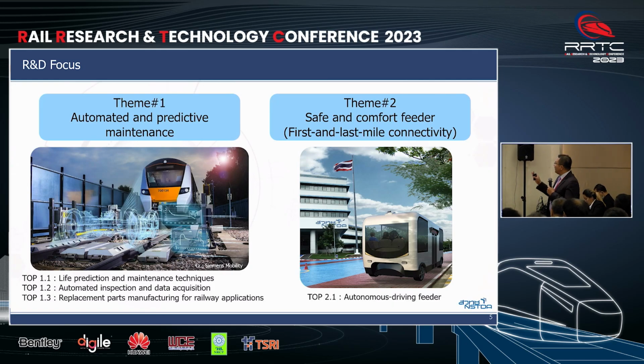The first team deals with the railway industry, and the other team conducts research to serve the needs in, let's say, last mile connectivity, when people want to travel from the train station to their destination.